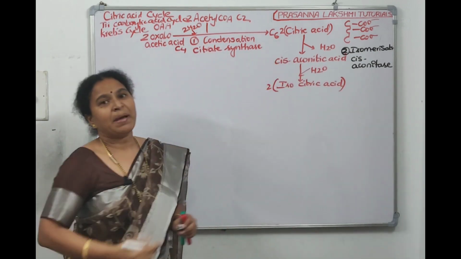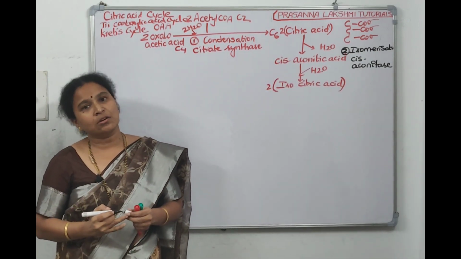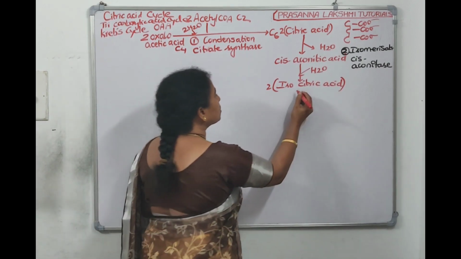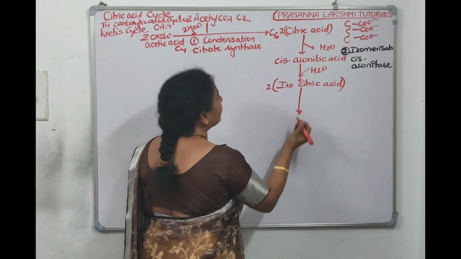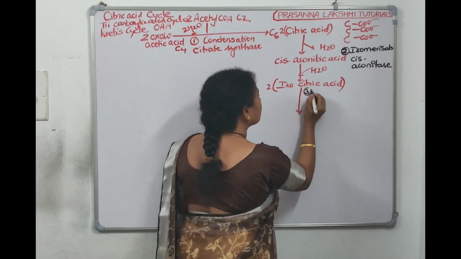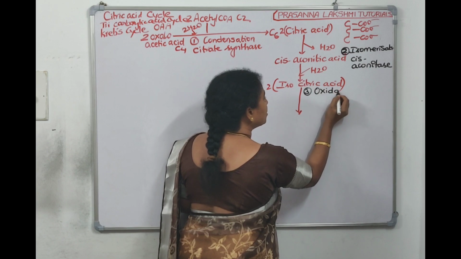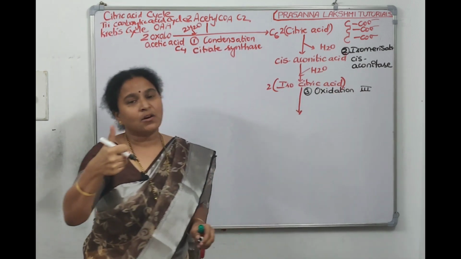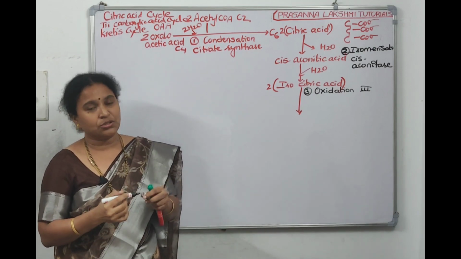Removing water, giving back the water, means we are rearranging the groups, right? Now the third reaction: isocitric acid undergoes oxidation. Oxidation 3 it will be, because oxidation 1 was in glycolysis, 2 in the link reaction, and this is oxidation 3.